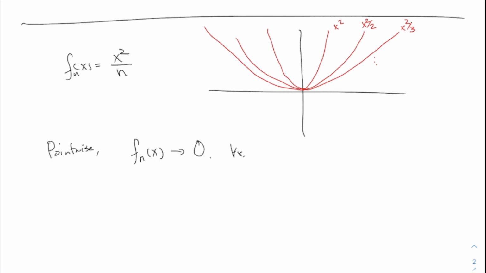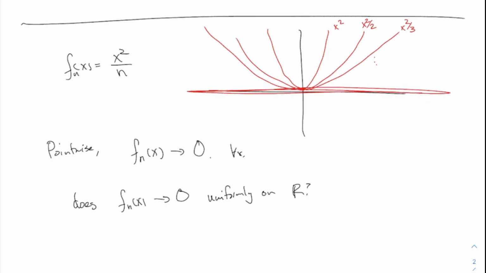Is the convergence uniform? So does Fn of x go to 0 uniformly, let's say on R? That means considering the entire picture. So what it converges to is this, 0.